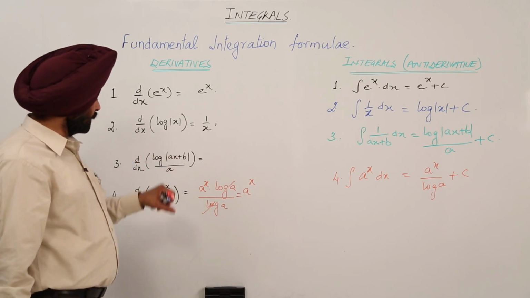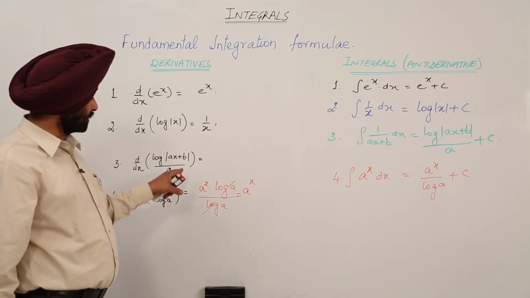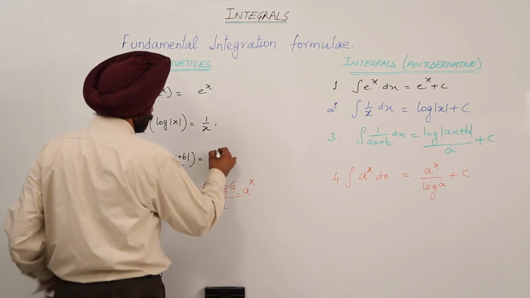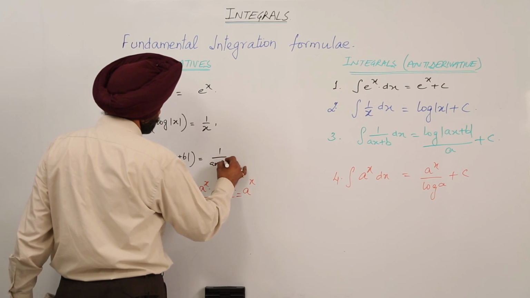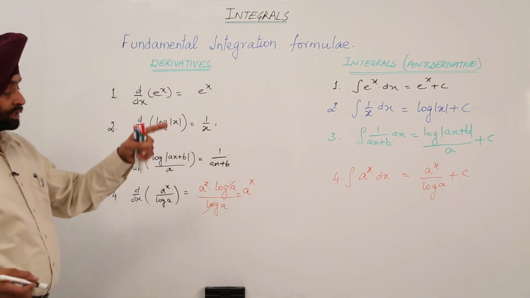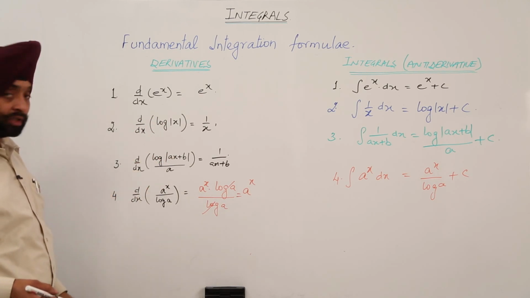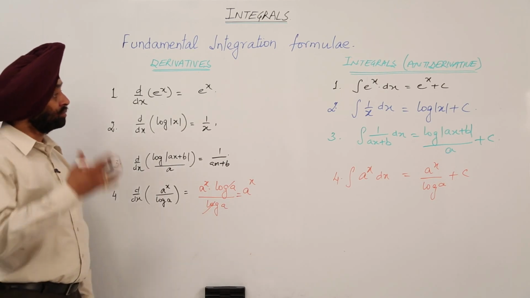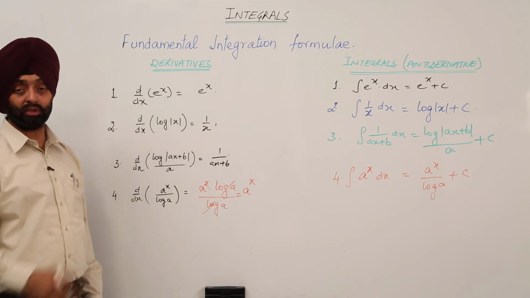Similarly log of ax plus b upon a. Okay. The result is what? Here the result was 1 upon ax plus b. Okay. For 1 upon ax plus b always it is log mod of ax plus b upon a, and lastly a raised to power x, it is this one. Okay. So be careful and remember all these formulas also.